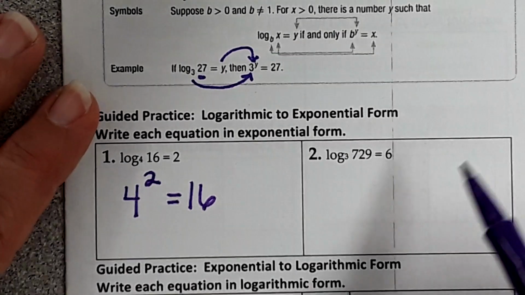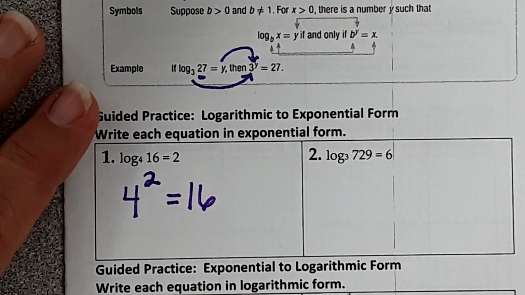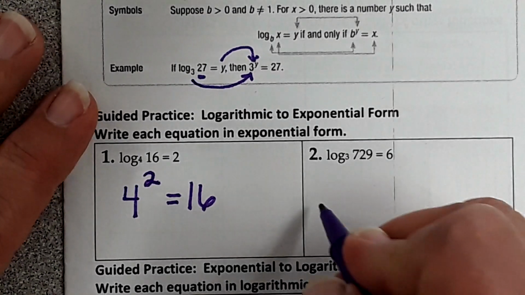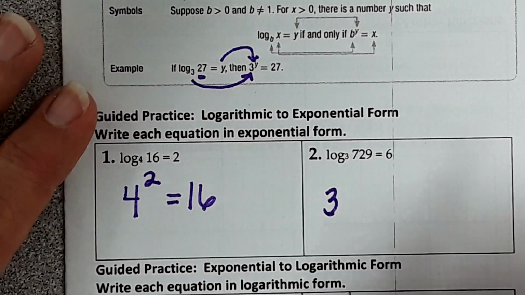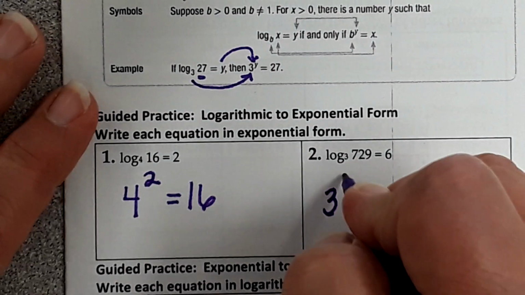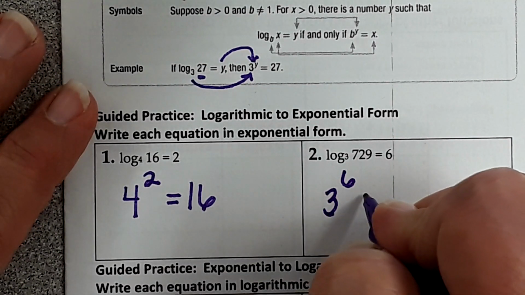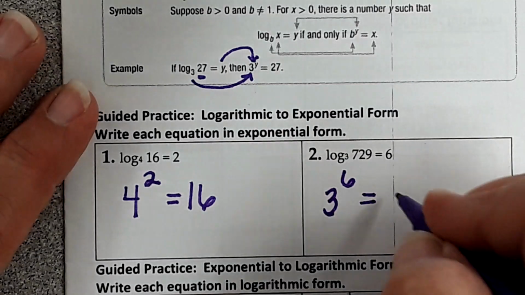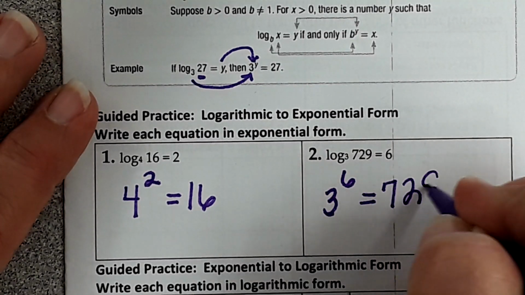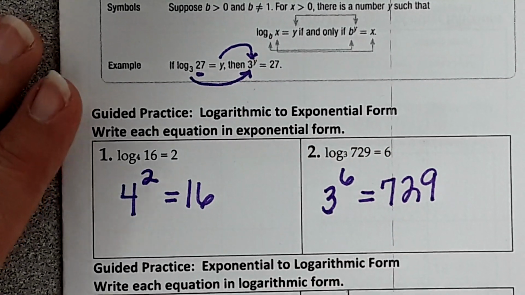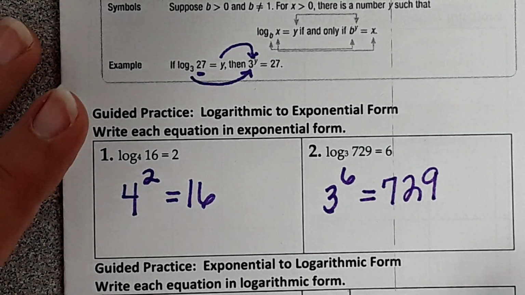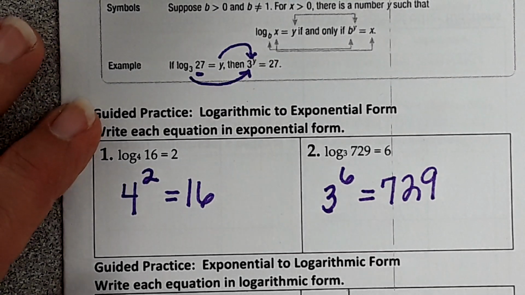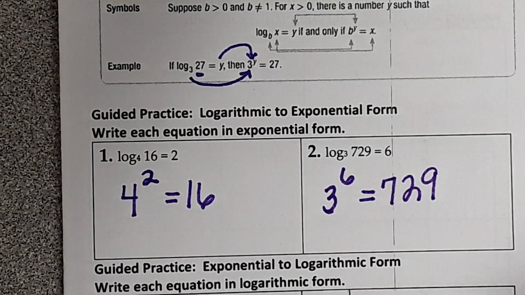On example 2, what is our base? 3. What's our y? That becomes our exponent, and it equals 729. So that's how you go from logarithmic to exponential.